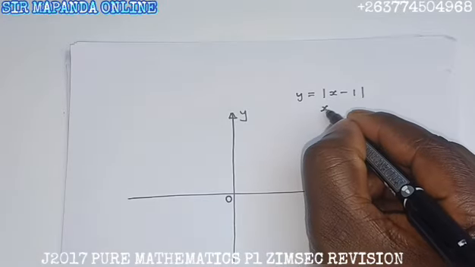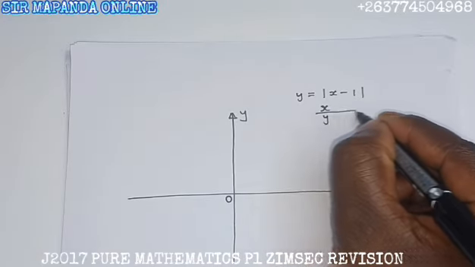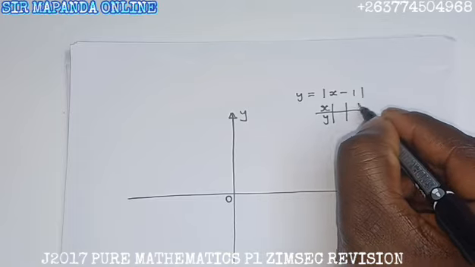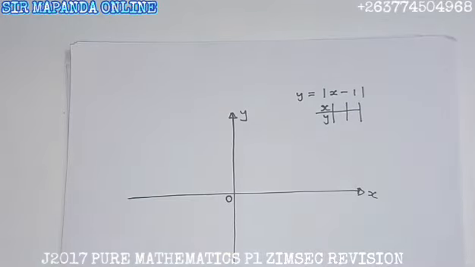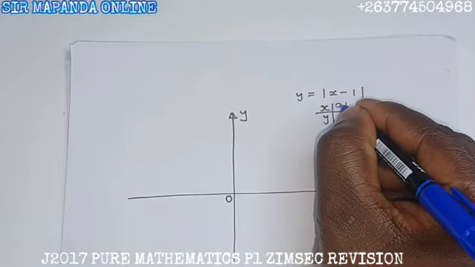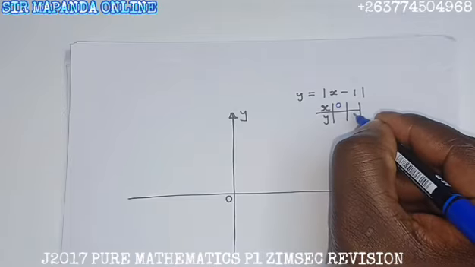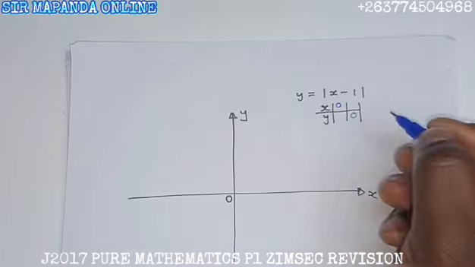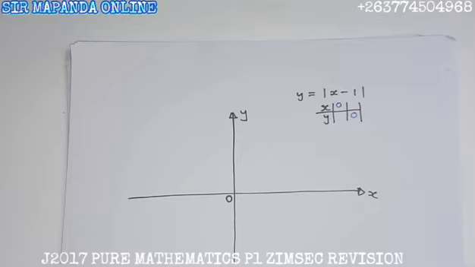You prepare a table of values to identify the points. Firstly, we want to calculate the value of y when x is 0 and the value of x when y is 0. I hope you are following.